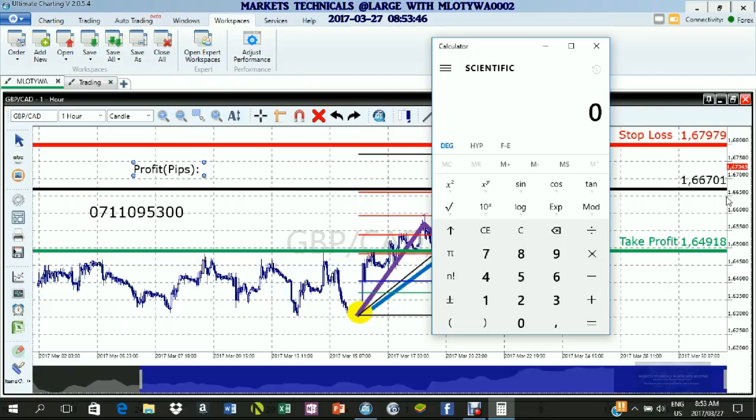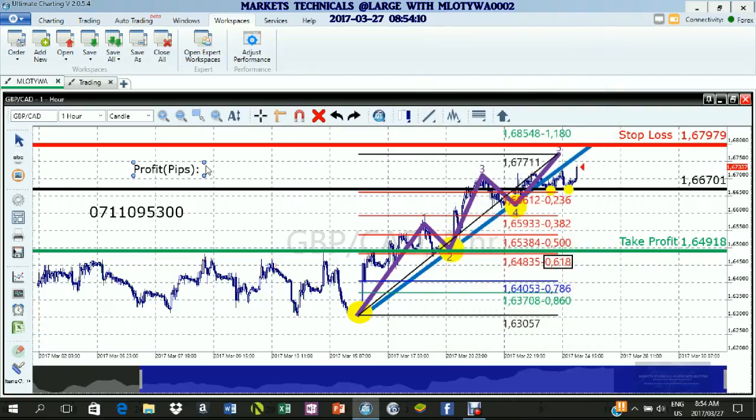I'll subtract this rate from this rate, which is 1.6670 minus 1.6491 equals, okay, 179 pips.